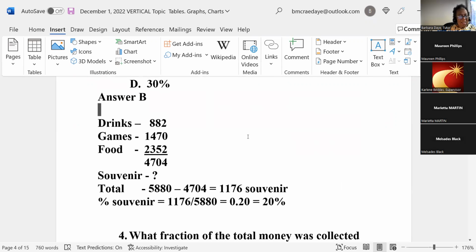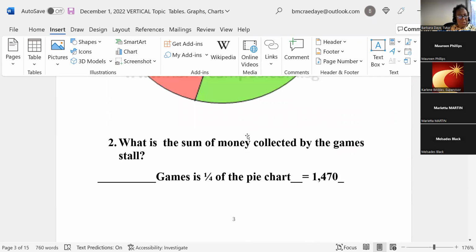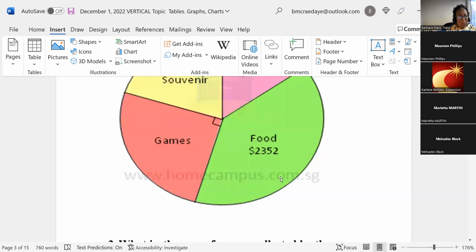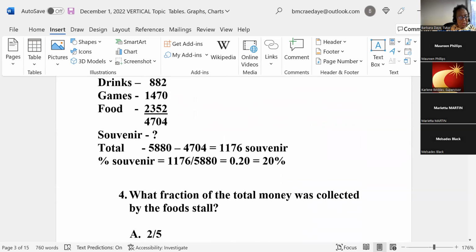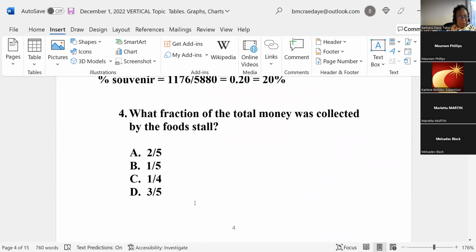Let me try to. The food is 2,352. The total is 5,880. So your fraction would be what? 2,352 divided by 5,880. What is that equal to, Mercedes?